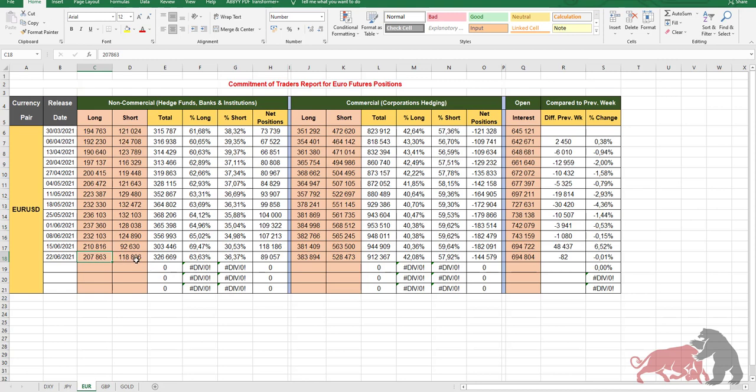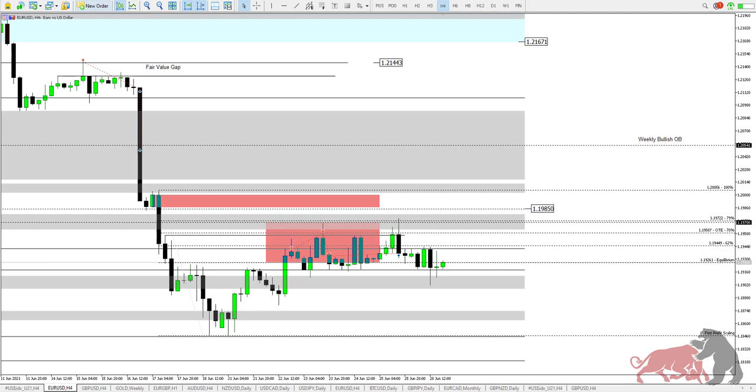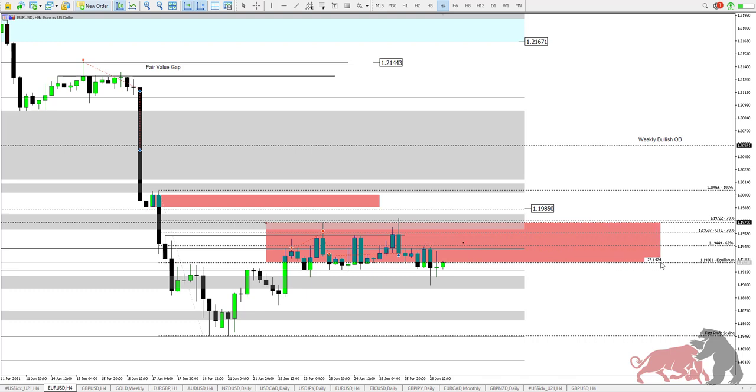The non-commercials might keep pushing price to the downside on EURUSD. So expect weakness to continue in Fiber, and from which level? Any price point in this range here. See this range that I've marked?